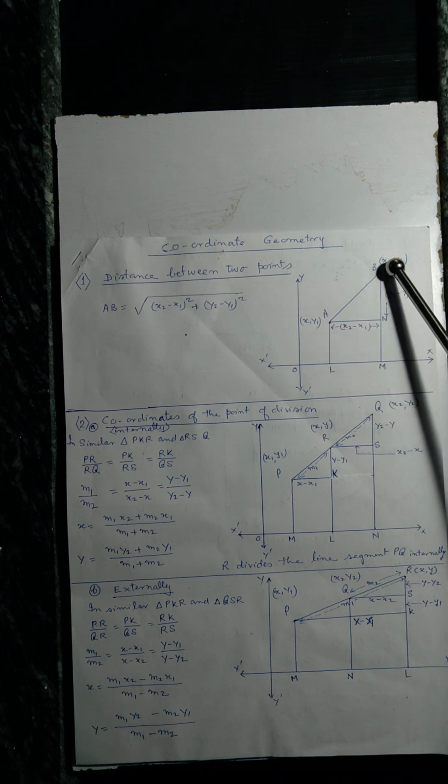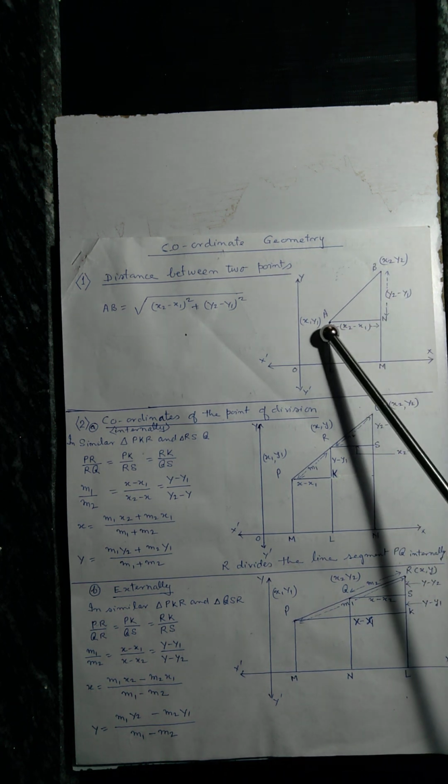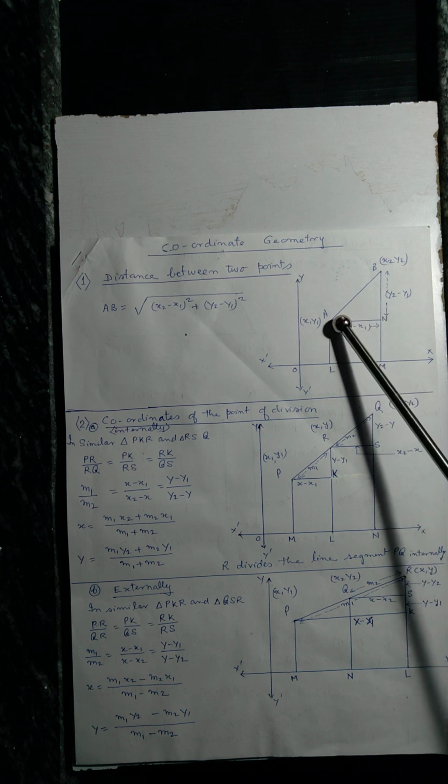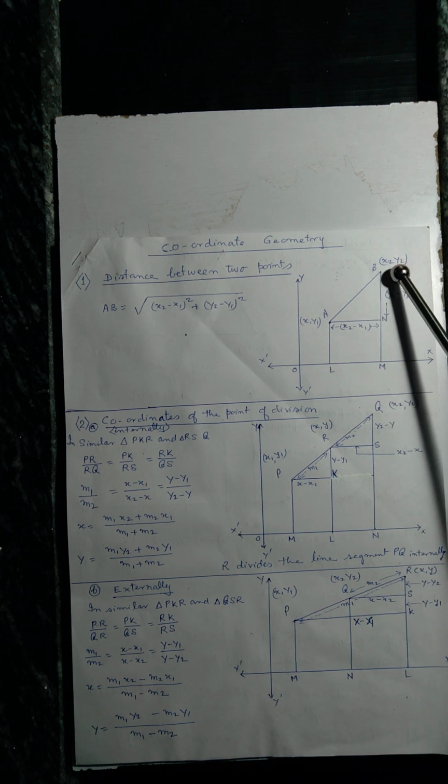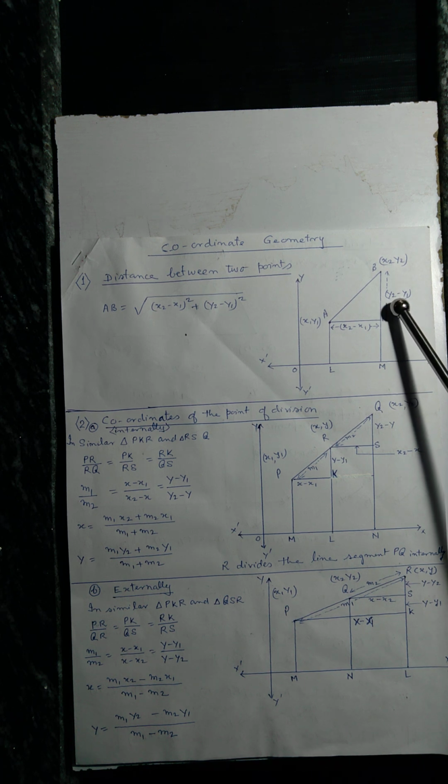From A, again drop a perpendicular to BM, that is AN. So the distance AN will be x2 minus x1, and the distance BN will be equal to y2 minus y1.